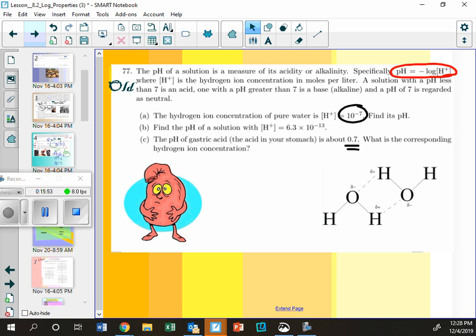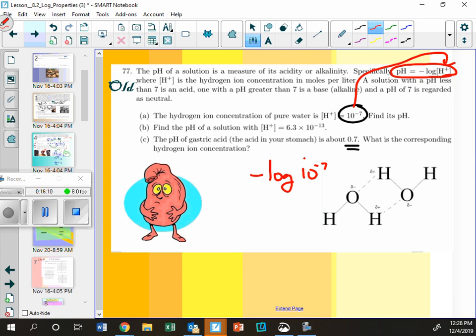So this just goes in, and I hope it's pretty easy, because it's just a simple formula. Negative log of, and then I'm dropping in, instead of the H, the 10 to the negative 7. And why does this not feel right? What's missing? The base. So always write the base down.